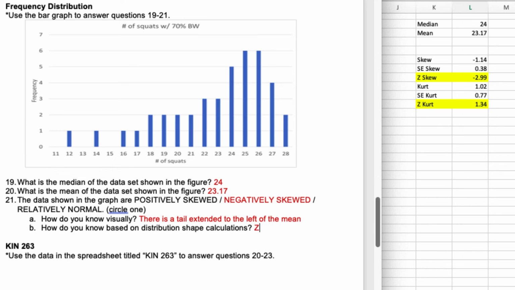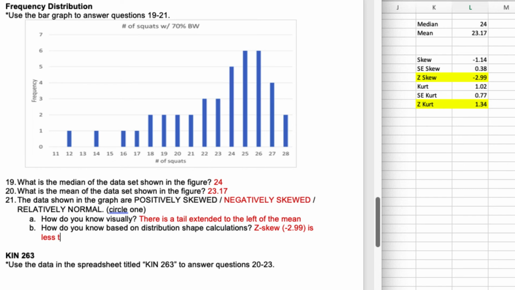We could say Z-skew, which is negative 2.99, is less than negative 1.96.